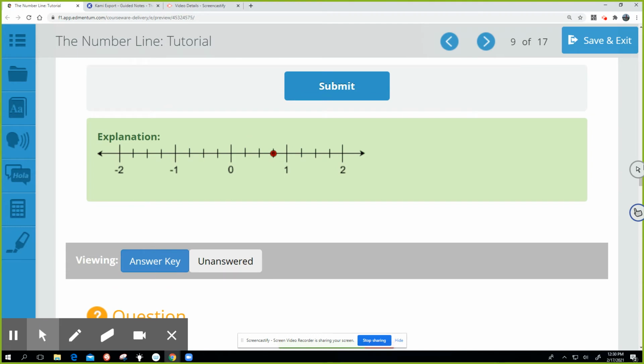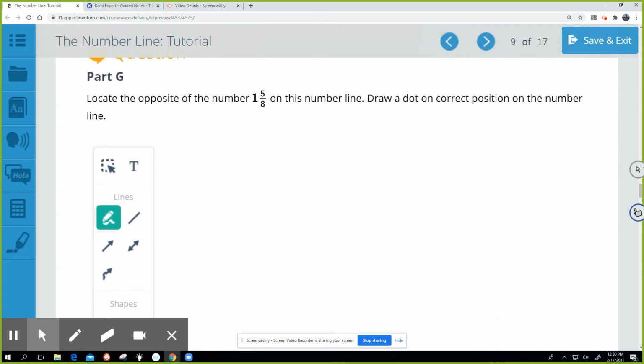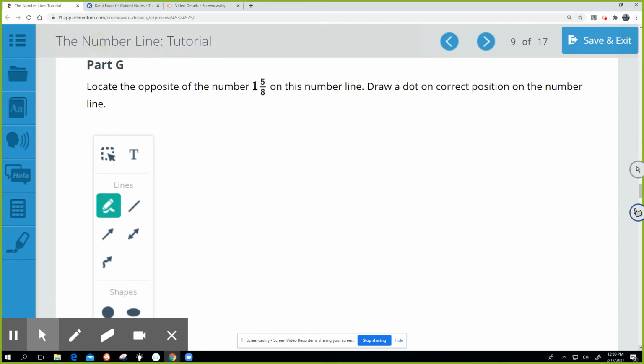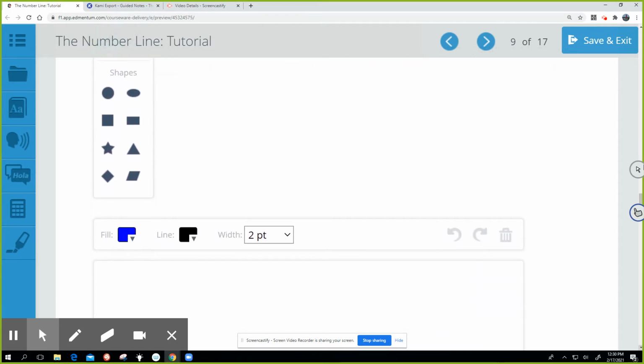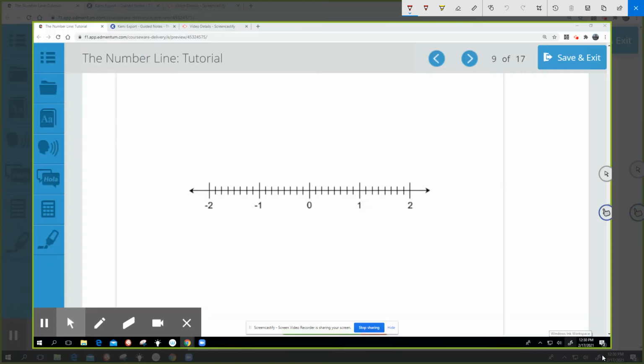Yeah. Okay. And then G, locate the opposite of the number 1 and 5/8. So what is the opposite of 1 and 5/8?